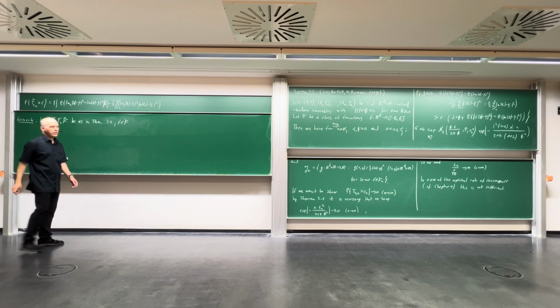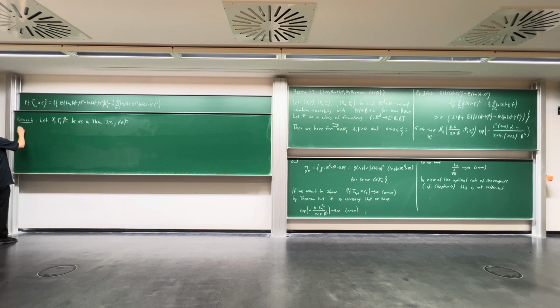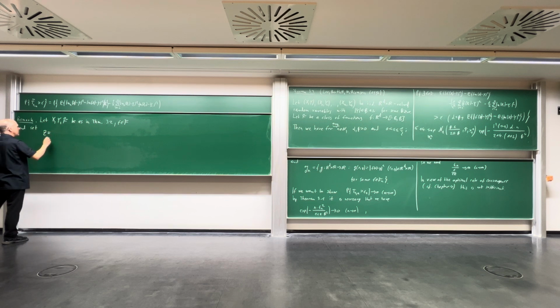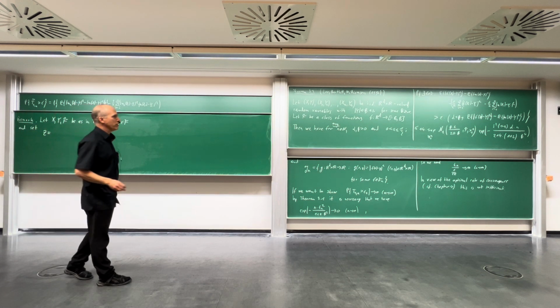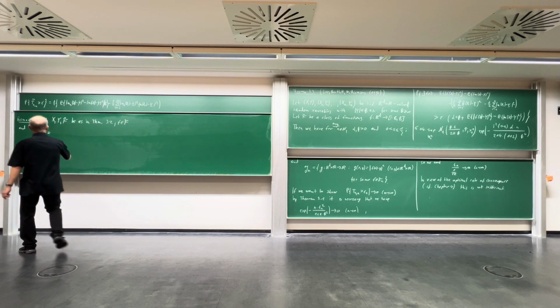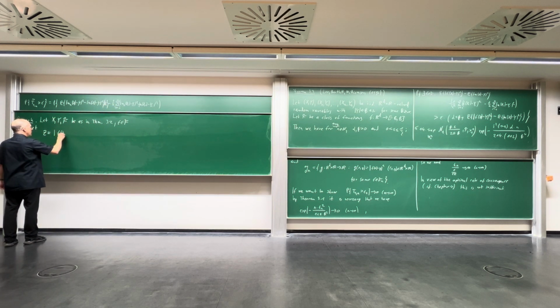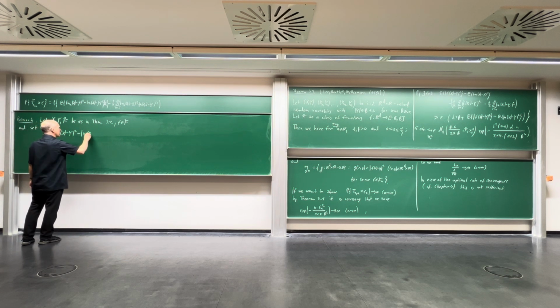I choose a function f of calligraphic F, and the random variable where I consider the expectation minus the sample average is Z, that's f of x minus y squared minus m of x minus y squared.